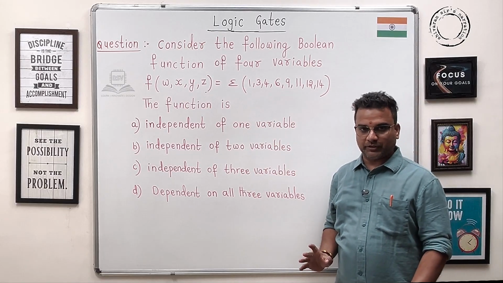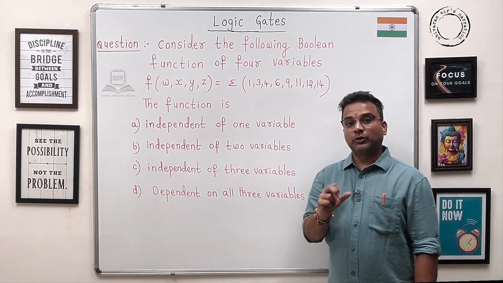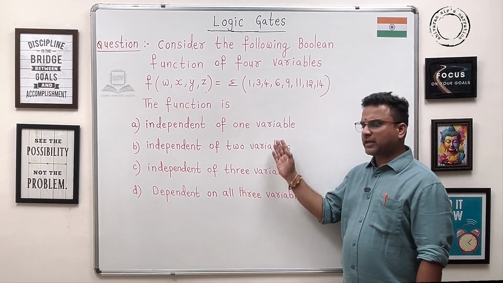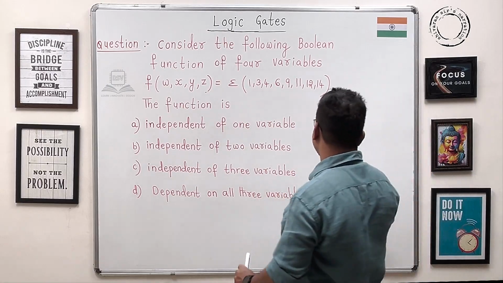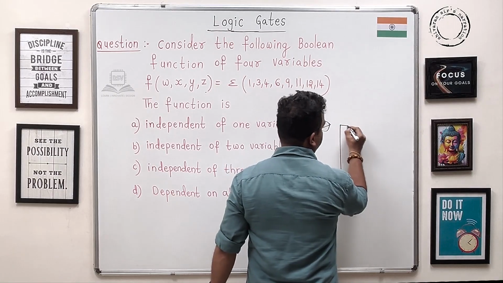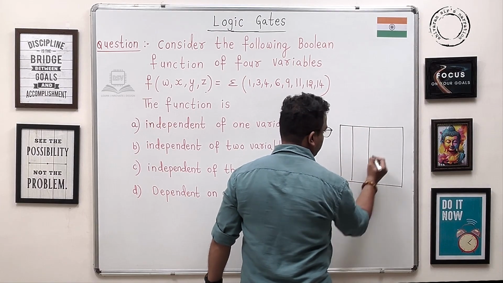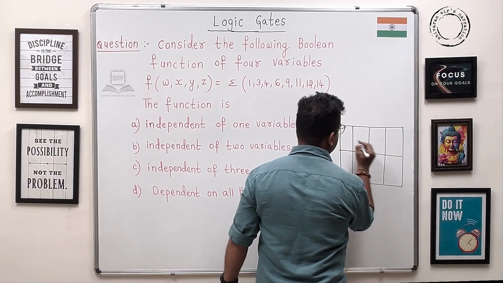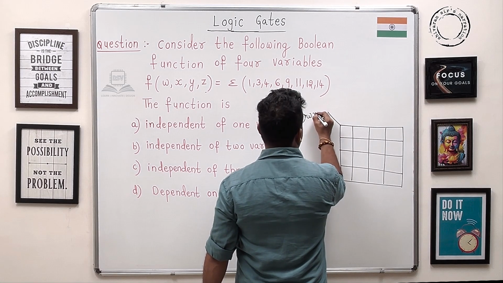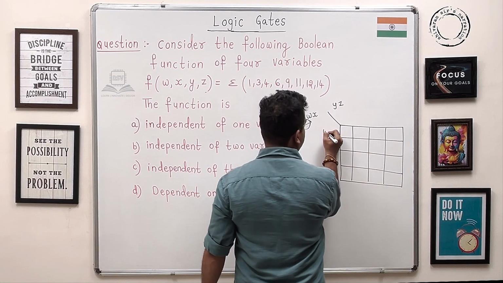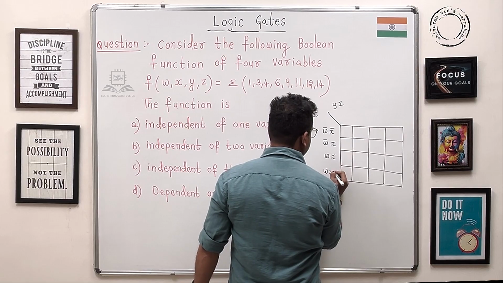So what we have to do is get this expression and simplify it. When you simplify, you will get the output expression, and as per that we can tell. Now, as there are 4 variables, we need a 4 variable K-map. Hope you know how to get the 4 variable K-map. It is like this: this is Wx, Yz, W bar X bar, W bar X, Wx, Wx bar.